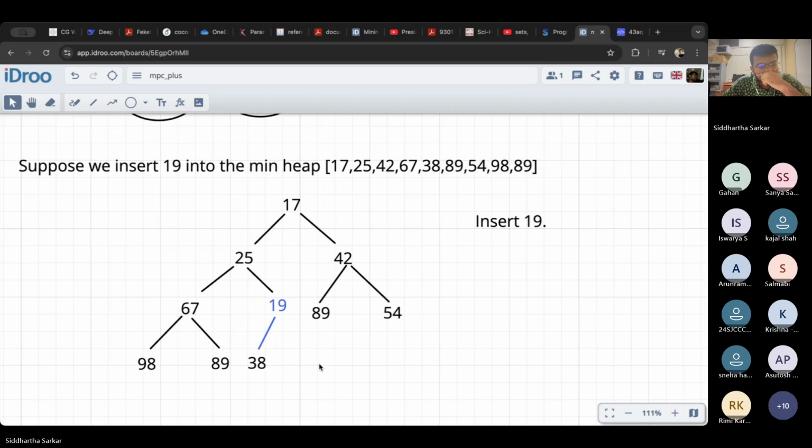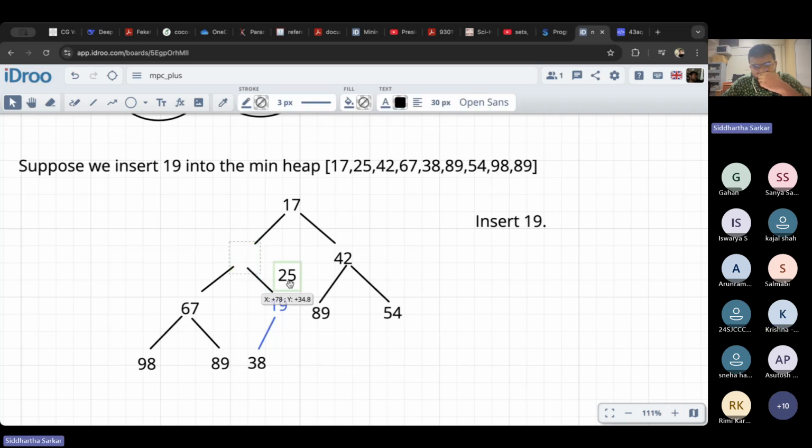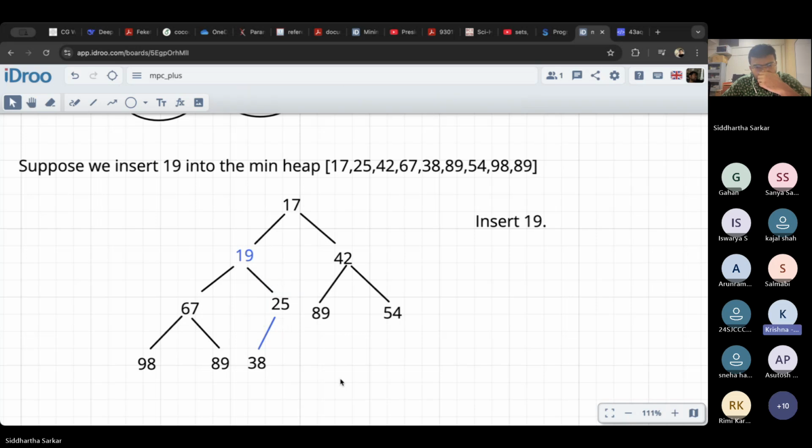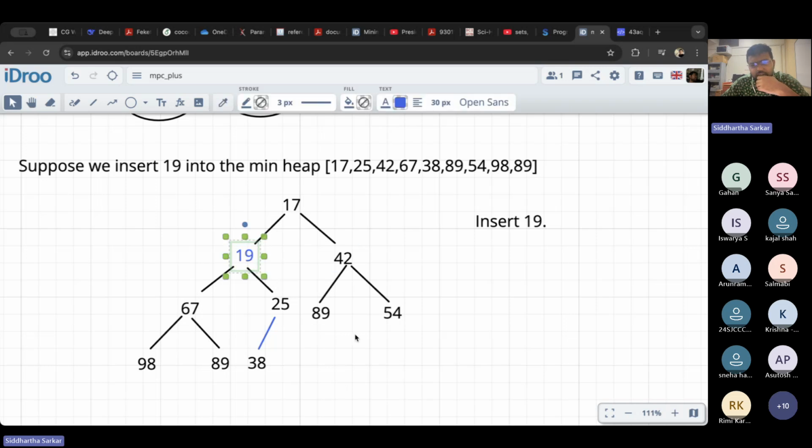No. Why? Again, 25 is greater than 19. Yes, so we have a violation here. So again we are going to swap. So now we have this situation. Now, do we have a min heap? Yes. You don't have to check anything else. Just check 19 and 17, because everything else already satisfied the min heap property. So we check 19 and 17 and we see that 17 is smaller than 19. So we have a min heap now.